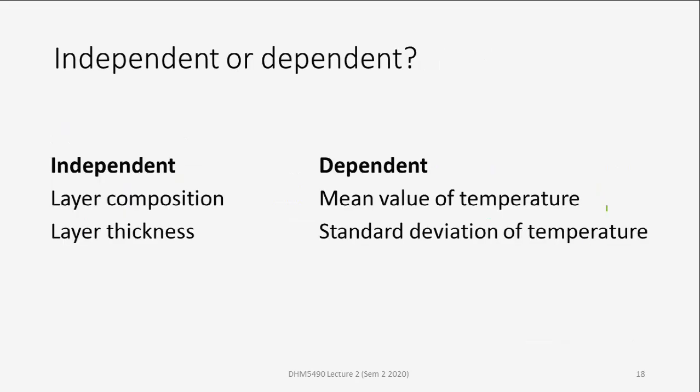So, in this research, I can write down the layer composition and layer thickness are the independent variables. But the mean value of temperature and the standard deviation of the temperature are the dependent variables.